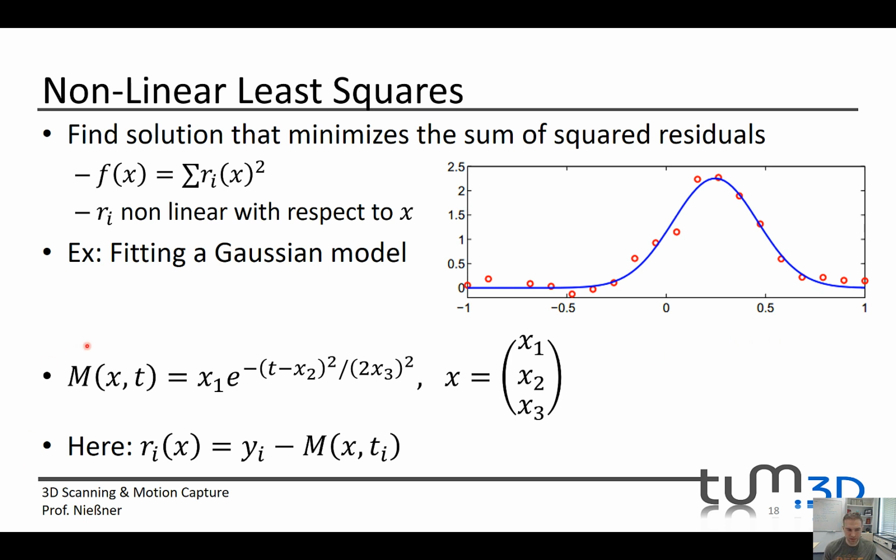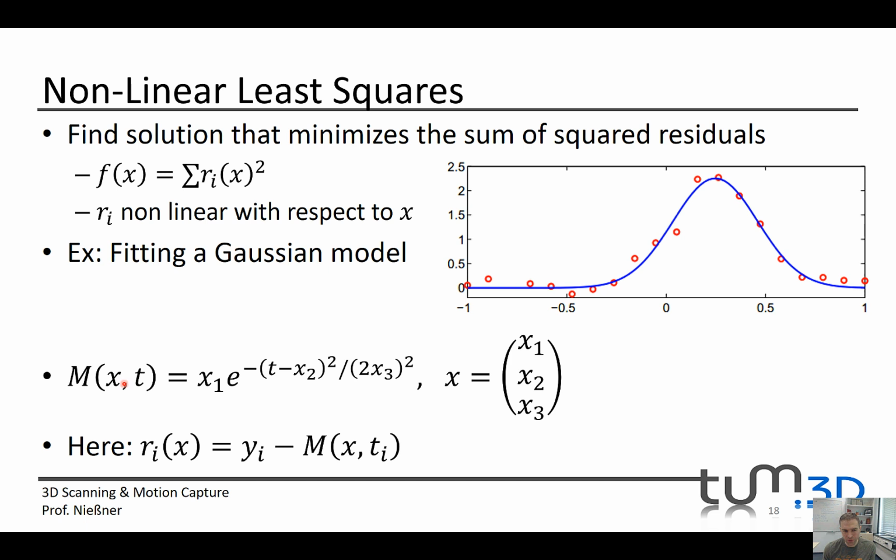We have this function m here, our kernel in this case. We say we have x1 times e to the power of minus (t minus x2) squared divided by 2 x3 squared.